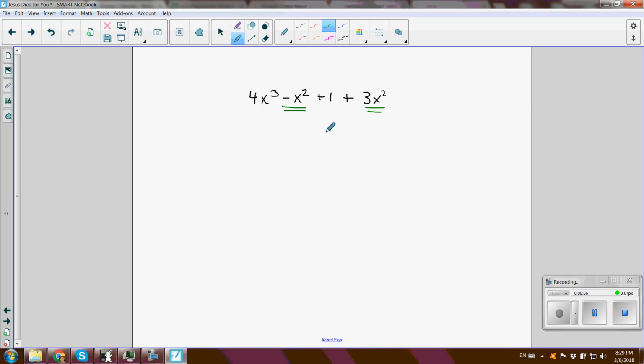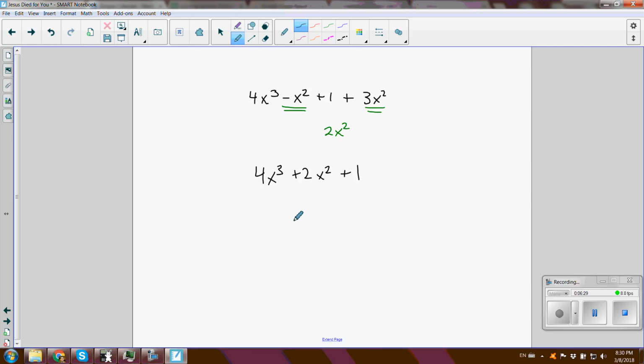That's going to become 2x squared when they're added together, because I've got a positive 3x squared and minus 1x squared. Everything else stays the same because there aren't any other powers of x to add in. So we just got 4x cubed plus 2x squared plus 1. Just add or subtract the like terms.